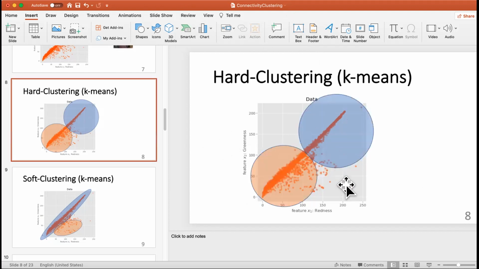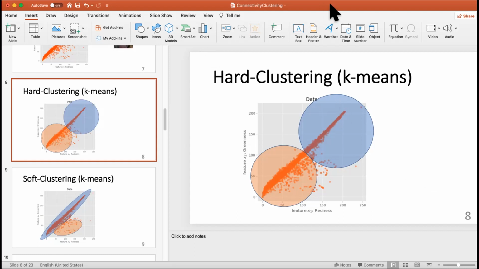So these pictures here are just cartoons. So don't take them literally, because, as pointed out, what happens with the data points outside these balls? In hard clustering, remember, each data point is assigned exactly to one cluster.